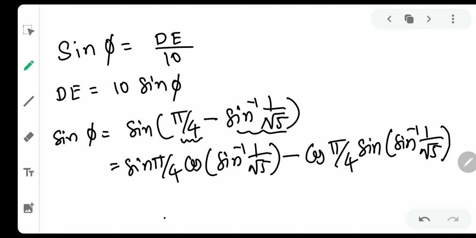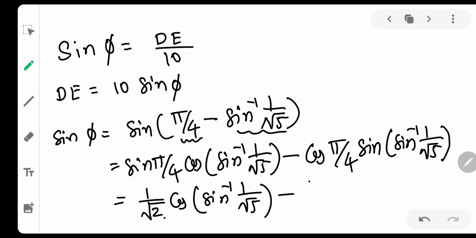That is pretty interesting. Now sine of pi by 4 is 1 by root 2. So this will be 1 by root 2 cos of sine inverse 1 by root 5, minus cos pi by 4, which is 1 by root 2, times sine of sine inverse 1 by root 5. As everyone knows, sine and sine inverse nullify each other. So it will be 1 by root 5.